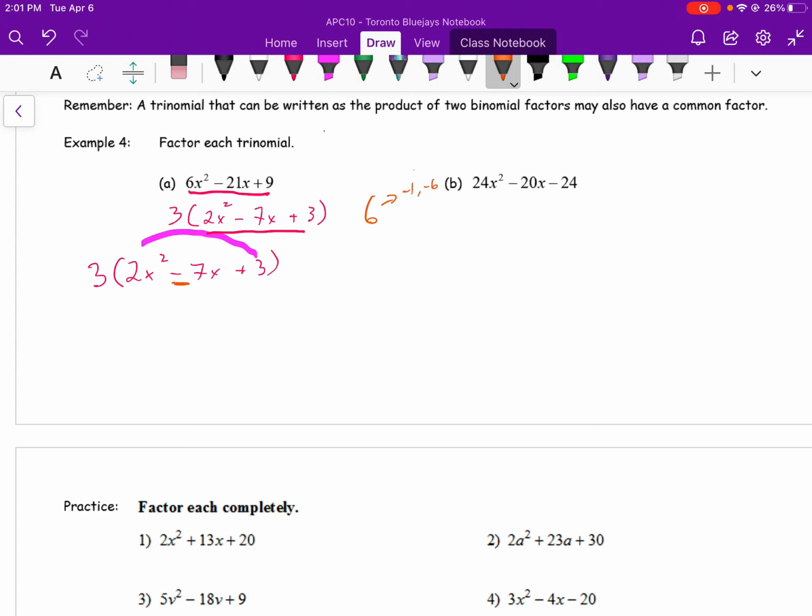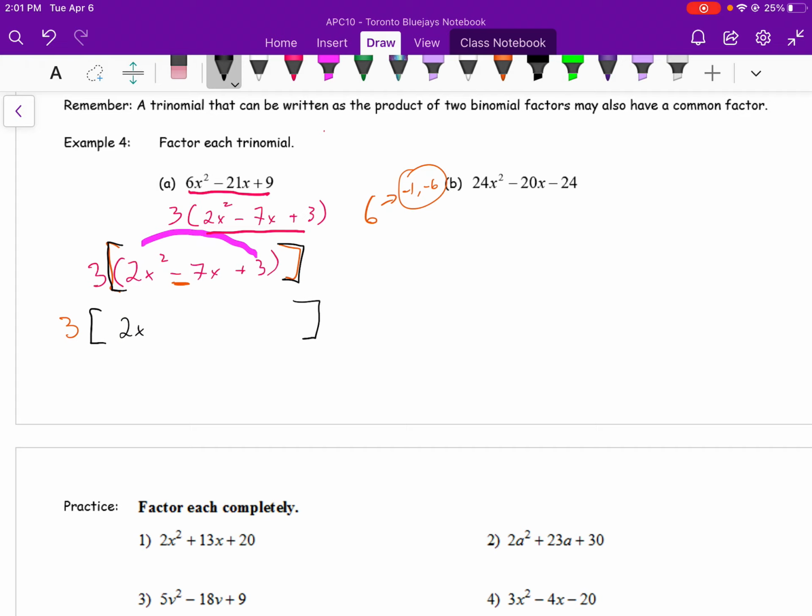Well, those two numbers are negative 1 and negative 6. So I'm just going to keep 3, and by the way, 3 is just baggage. I'm just working inside the brackets right now, right? So I can make big brackets and it's going to imply multiplication.